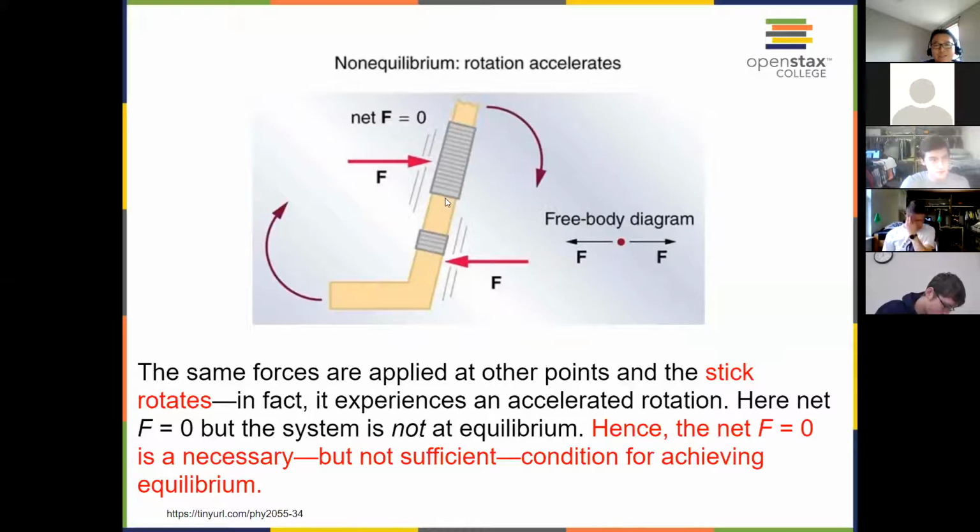That tells you that net force equal to 0 is not necessarily a sufficient condition for achieving static equilibrium. So there has to be a second condition in addition to the first.